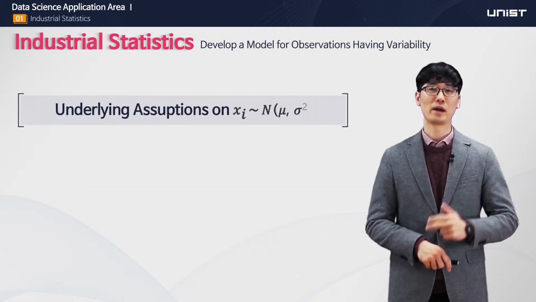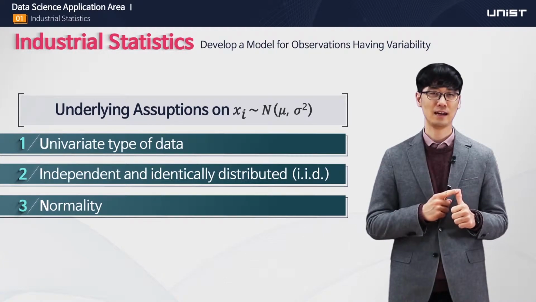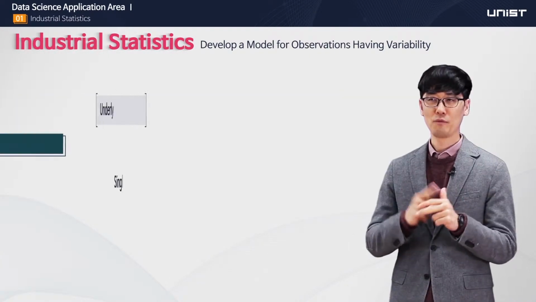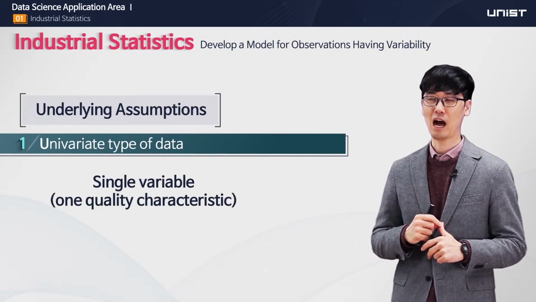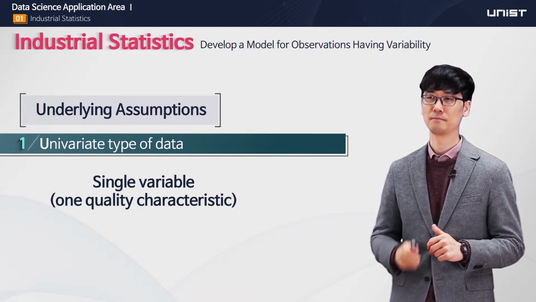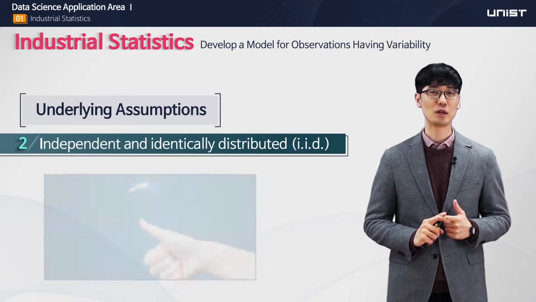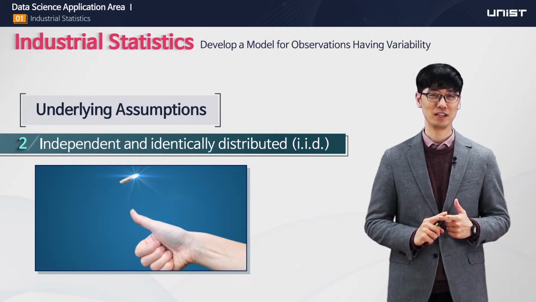There are three underlying assumptions on this model: univariate type of data, IID, and normality. First, the model considers only one variable for the output or one quality characteristic of the process. Second, we assume that the collection of random variables is independent and identically distributed.